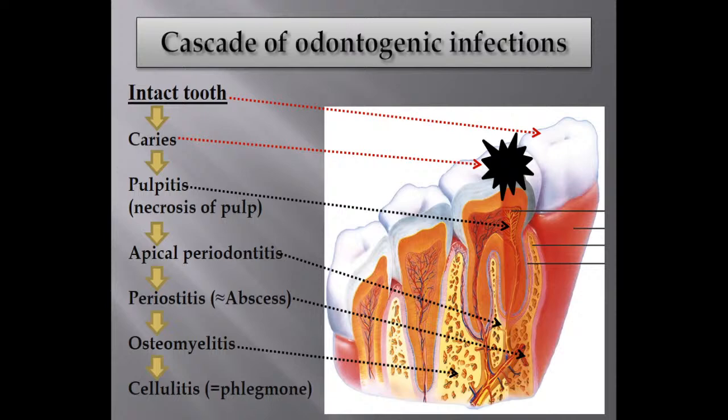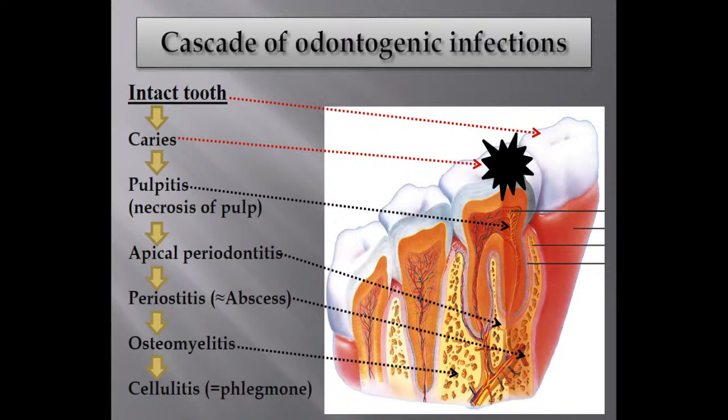Then pulpitis, when these bacteria go deeper into the center of the tooth, and it can be irreversible pulpitis, then necrosis of the pulp, and if the pulp is dead, we can say that it's a dead tooth.